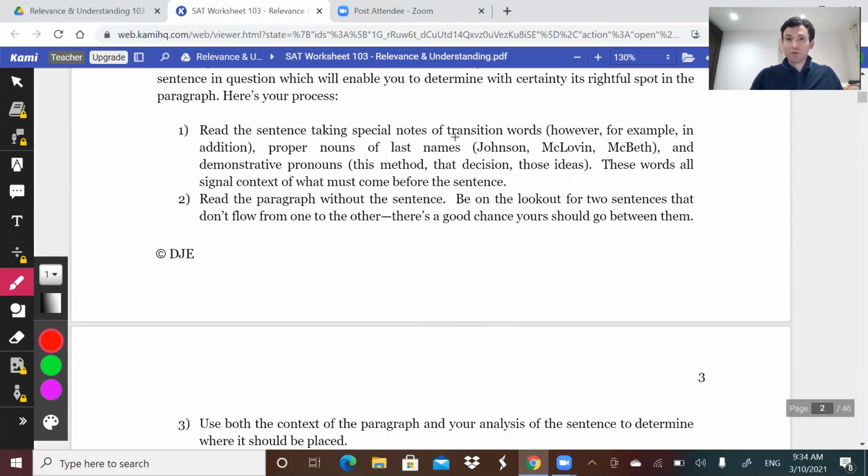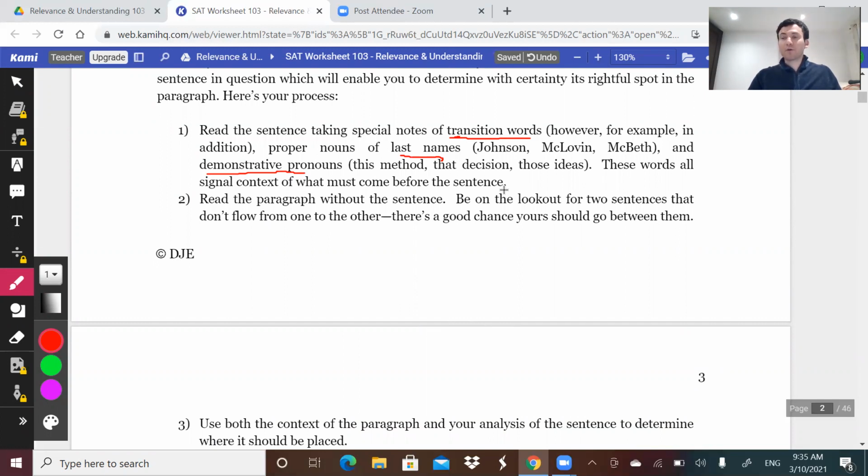You want to take special note of transition words, last names, and demonstrative pronouns like this method, that decision, those ideas. Because if they're mentioning something like a last name or this method, then the name of the person or the method had to have come before. So you know that it has to come after something that was already mentioned.